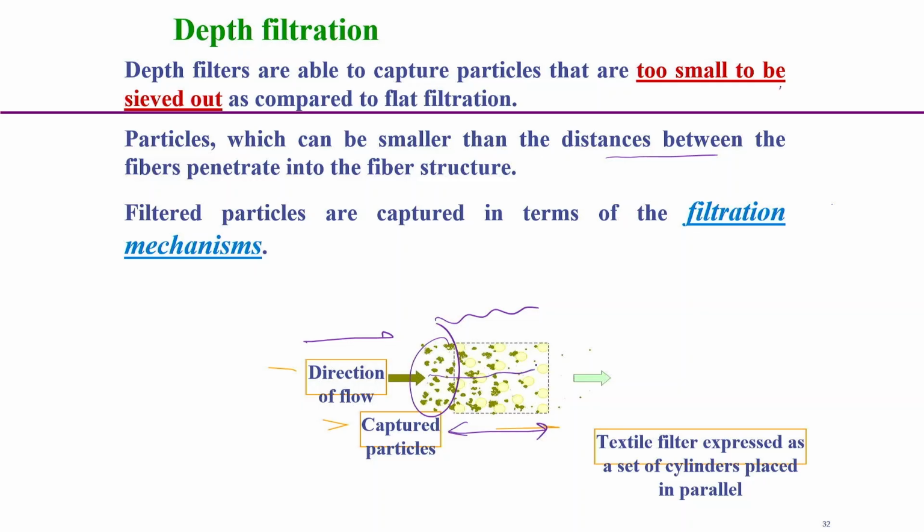By multilayer filter design, we can make the number of particles passing through 0, while the air can still flow through. That is the mechanism we will discuss here.